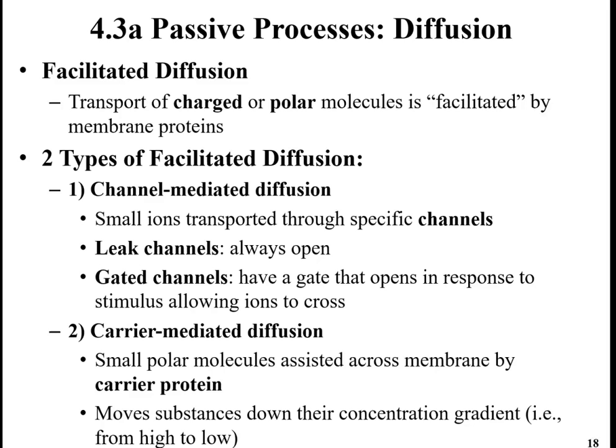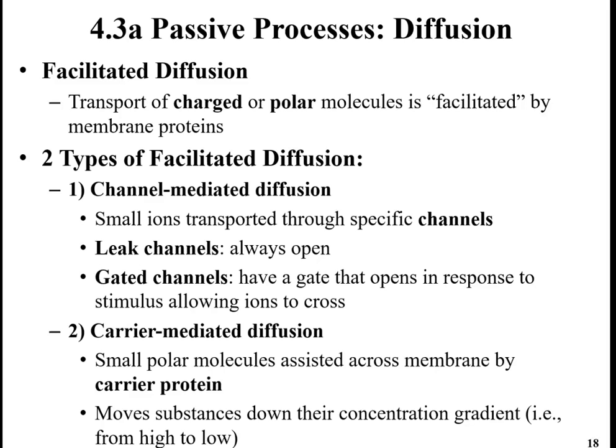And there's two kinds of channels to be familiar with. There's leak channels, which are always open, so ions are always leaking out of the cell or into the cell through these leak channels. And then there's gated channels, which have a physical gate that opens in response to some sort of stimulus that allows ions to cross.